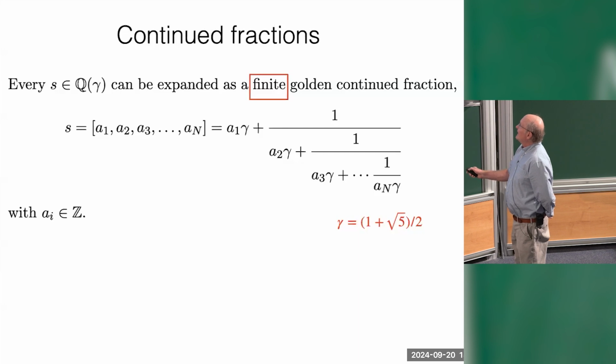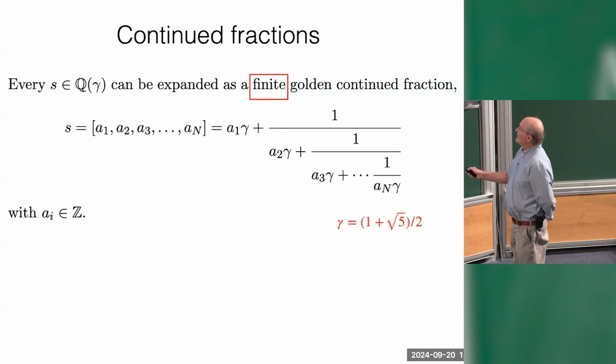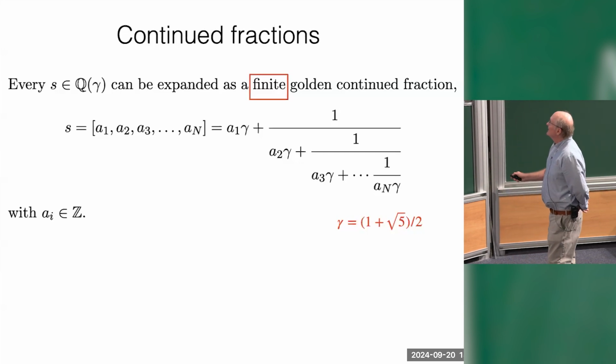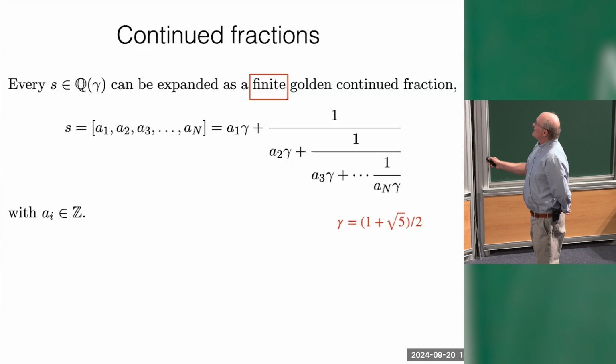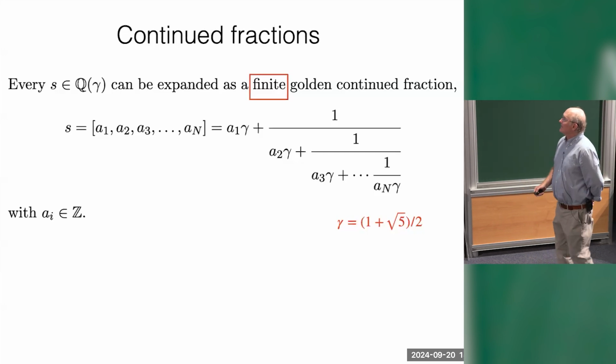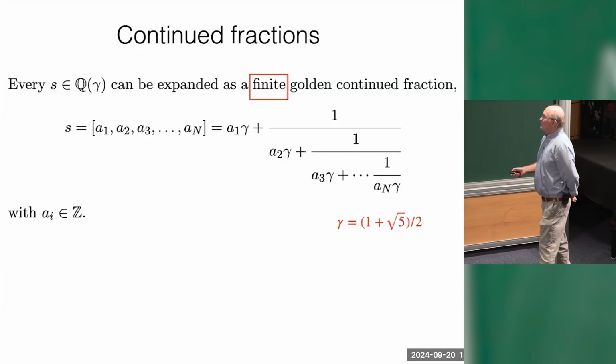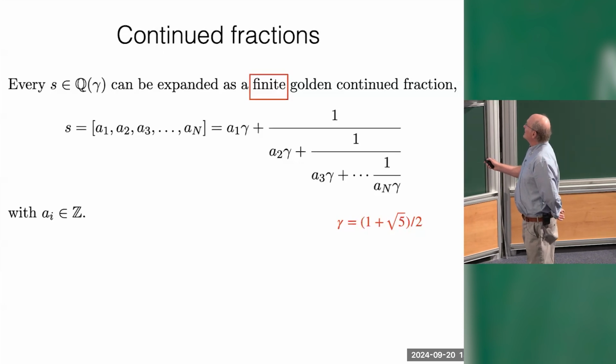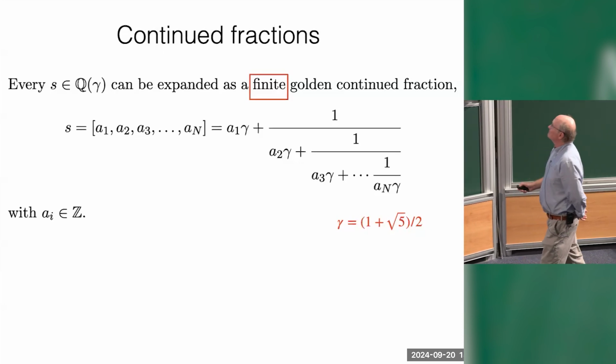So given a number in this field, I first write it as an integral multiple of gamma. So all these coefficients are integers. And maybe I try to make what's left over pretty small. And then I take the reciprocal of what's left over and I try to write it as an integral multiple of gamma, and so on.